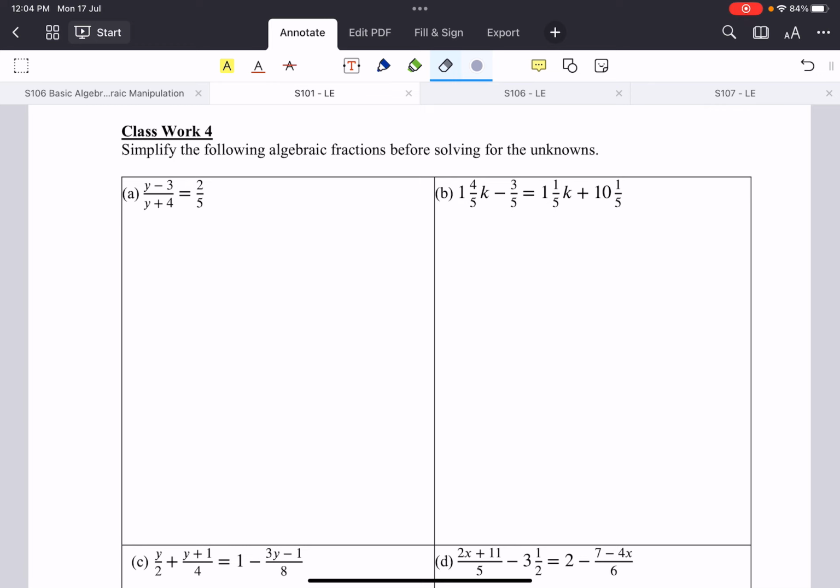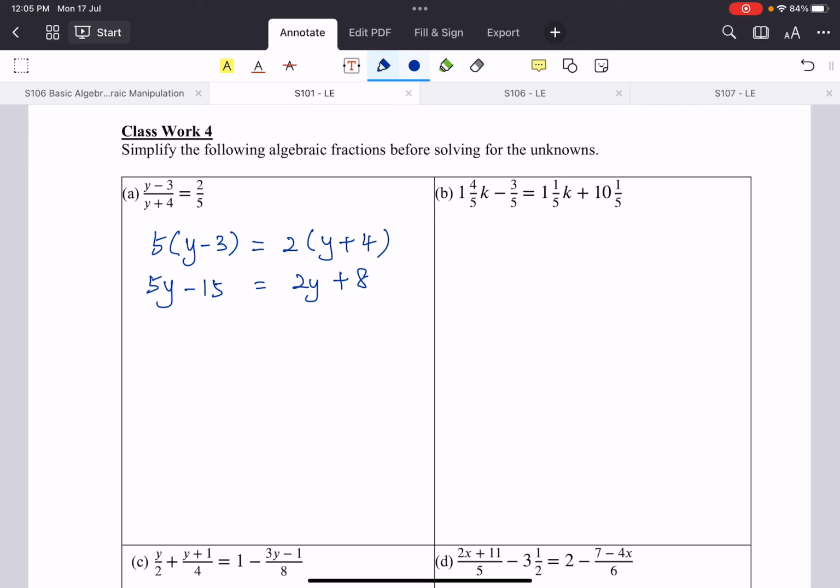So what we can do here, in this case, if it's one fraction equals to another fraction, we can always employ the technique known as cross multiplication. So in this case, when I have 5 multiplied by y minus 3, this is equals to 2 multiplied by y plus 4. Expand: 5y minus 15 equals to 2y plus 8.